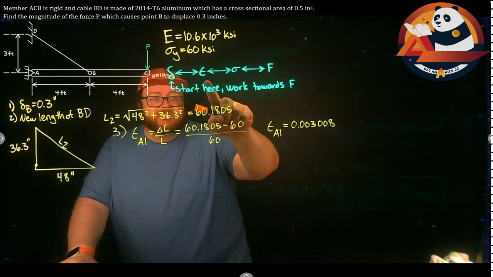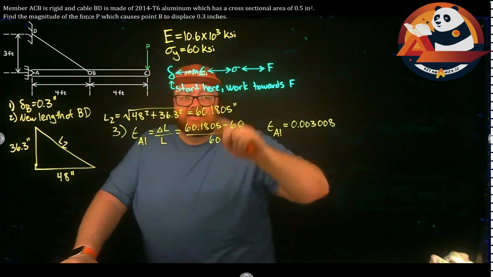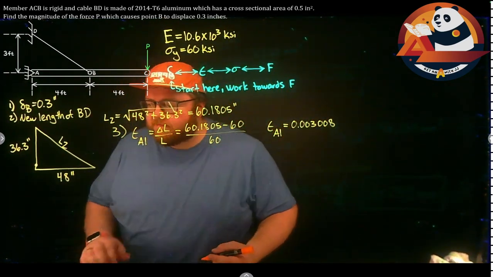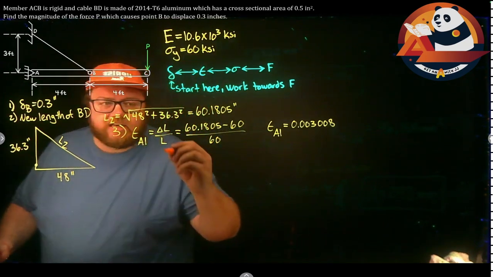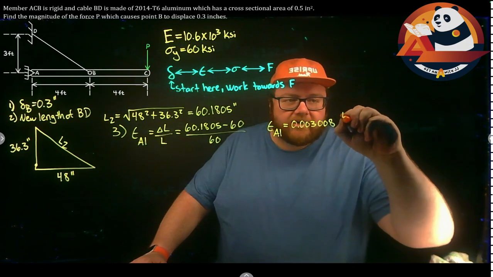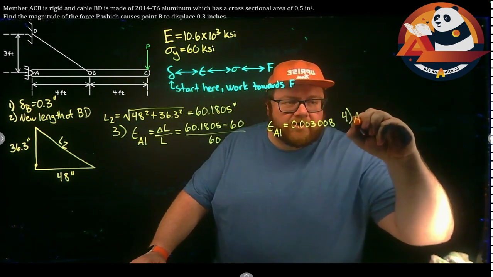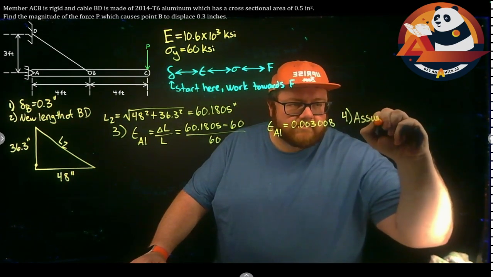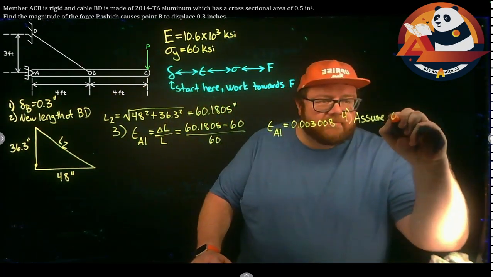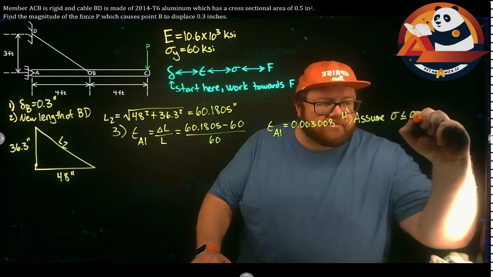But if I've gotten to my strain here, can I get to my stress for everything? Well, that'd be my next force in here. We're going to assume for step 4, we'll come off to the side here, let's assume that we are less than the yield stress. Assume sigma is less than or equal to sigma y.